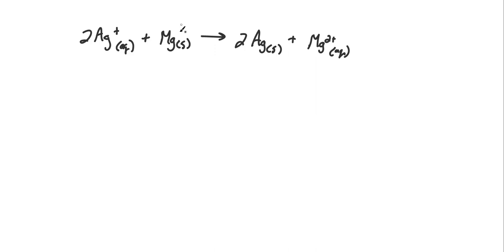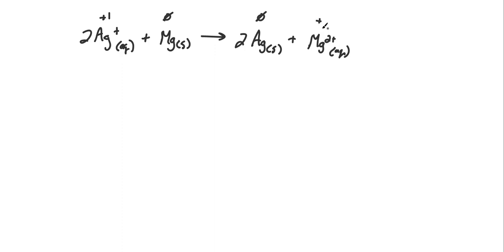Now we know this is a redox reaction because what's the oxidation number of silver? Well, it's the charge of the molecule, so we got a +1 here. Magnesium's all by itself. Again, charge of the molecule is 0, so this is 0. Silver, all by itself, no charge this time, is 0. And magnesium now has a +2 charge.